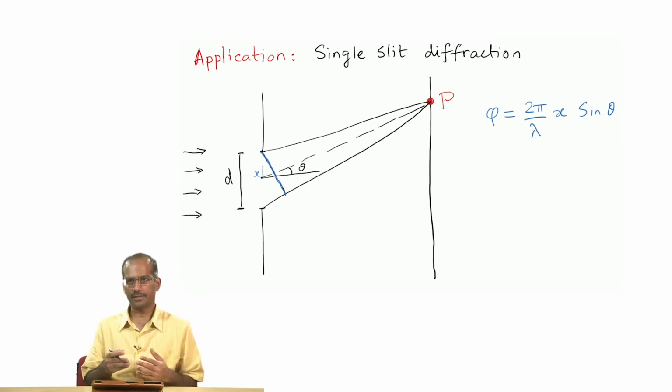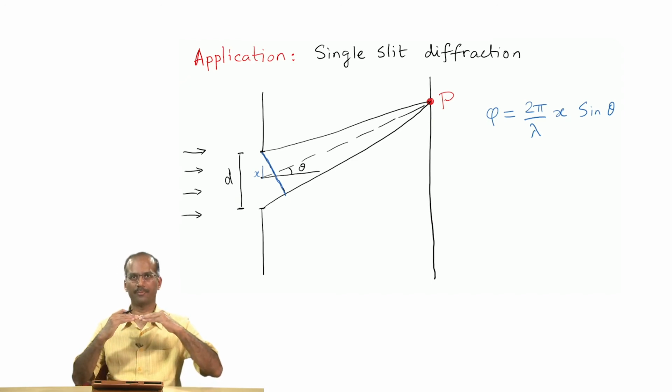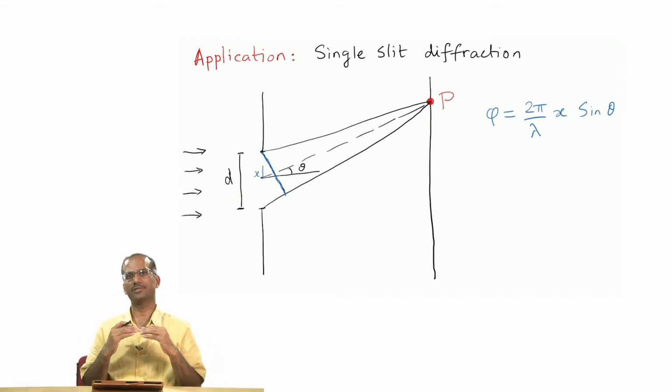To find the intensity at certain point p like this, I need to simply add the contributions of light coming from every point along this slit, and each point acquires a slightly different phase from the previous one. If you count x from the midpoint onwards, as a function of x, it tells you what is the phase. So, phase changes linearly with x.